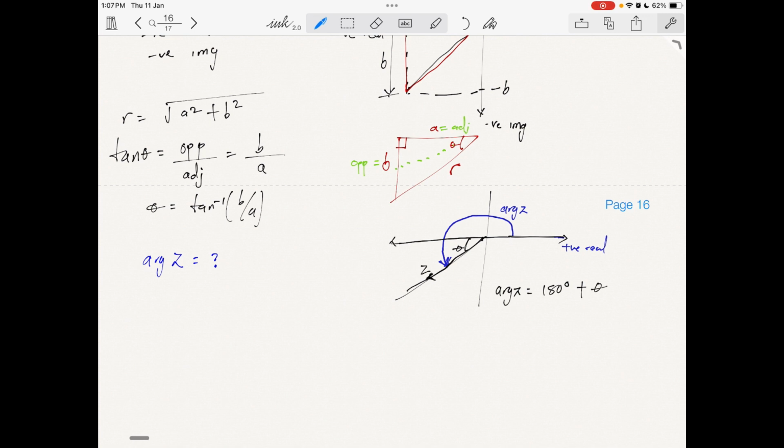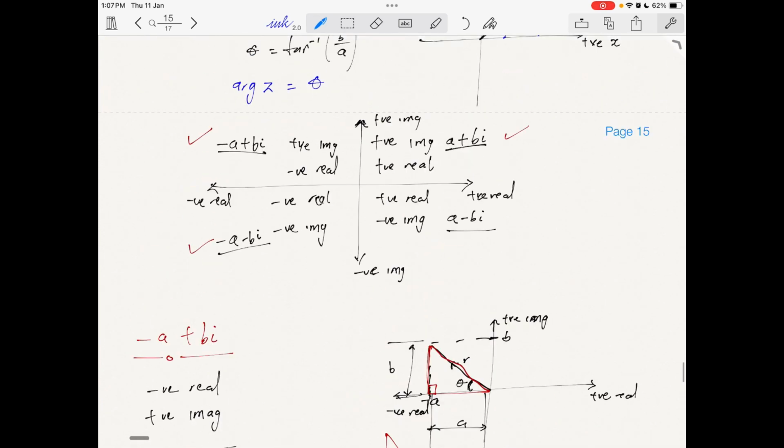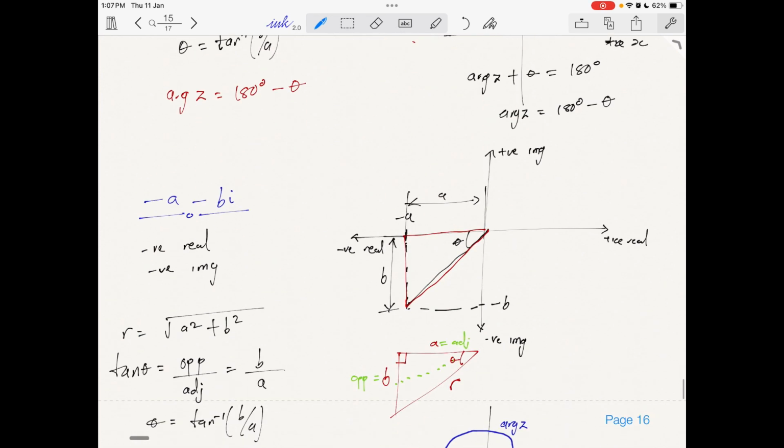So after that being established, we can say our argument z is 180 degrees plus theta. Now with that being done, we have talked on a plus bi, minus a plus bi, minus a minus bi, and finally let's do a minus bi.